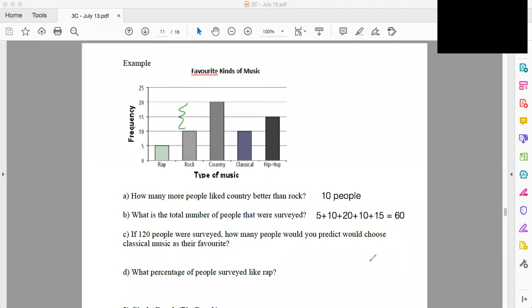So here we're looking at our classical music. We had 10 people out of the 60. So 10 out of 60 liked classical music. Now what happens if we had 120? This is quite easy if you know your fractions. To get from 60 to 120, we multiplied by 2. So we're going to do the same thing here. So it would be 20 people is what we would predict.